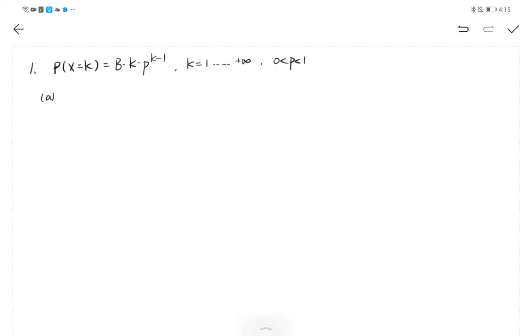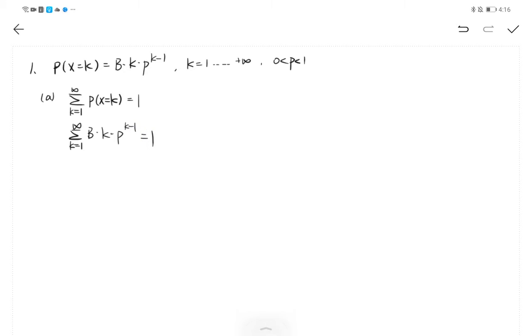And we know that the sum of the probability, k from 1 to infinity, equals 1. So we can get the sum of b multiply k multiply p to the power k minus 1 equals 1.